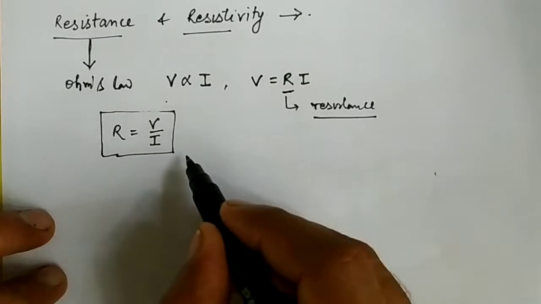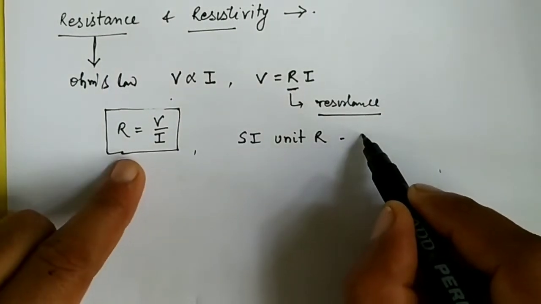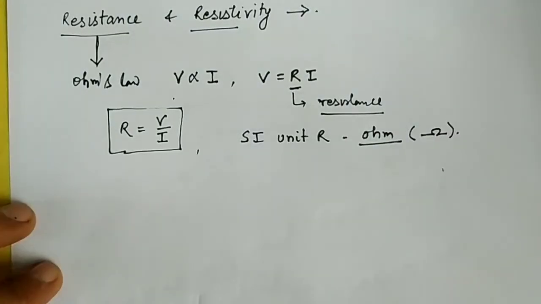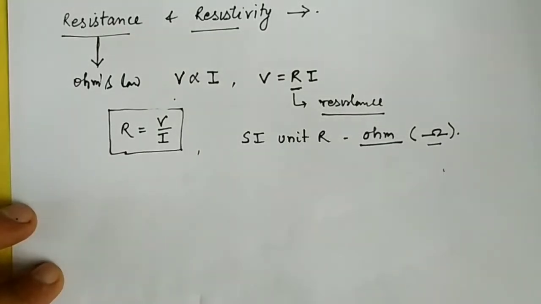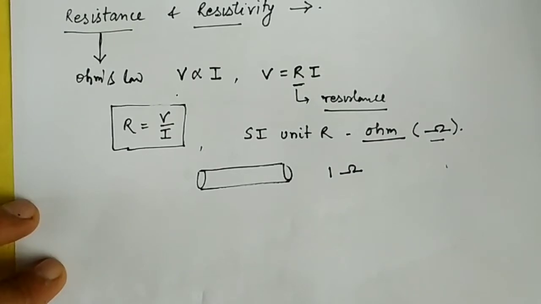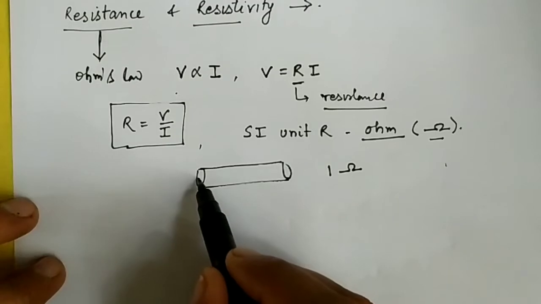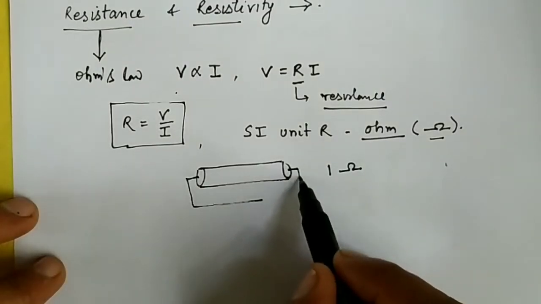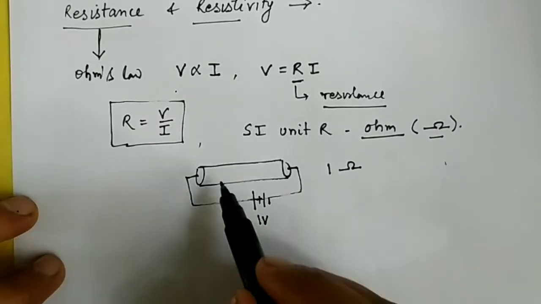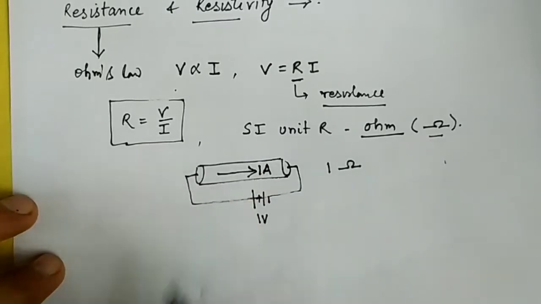The SI unit of resistance is ohm. We represent it by this symbol. We can say that the resistance offered by the conductor is 1 ohm when we apply a battery of 1 volt and it produces a current in the wire of 1 ampere.